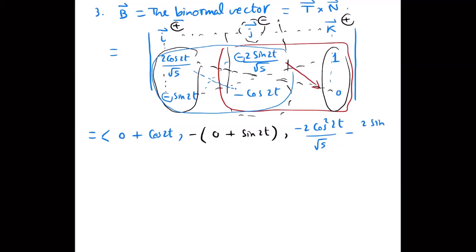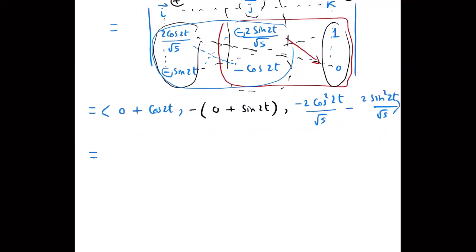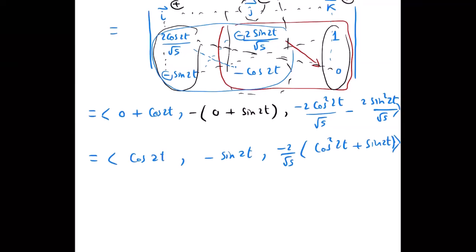The remaining is to simplify. This is cosine 2t. This is negative sine 2t. So we get negative 2 over root 5 common, plus sine squared 2t. And this is the bracket closing the vector.